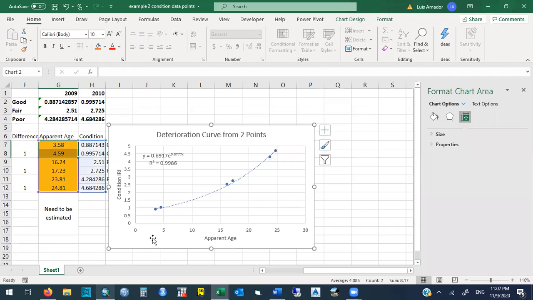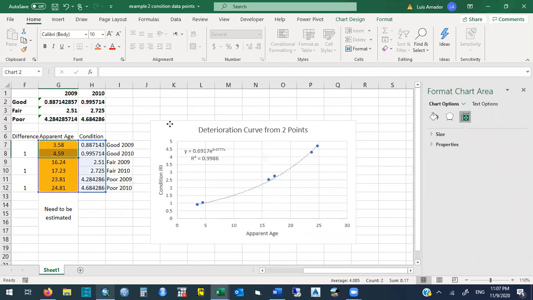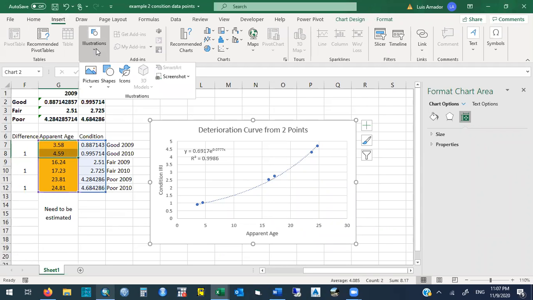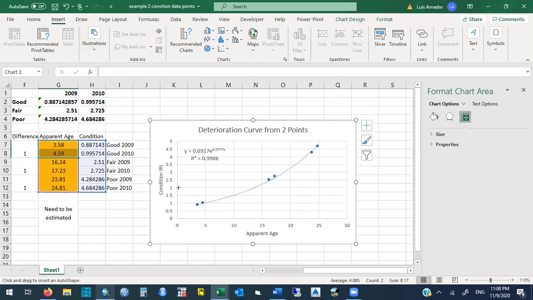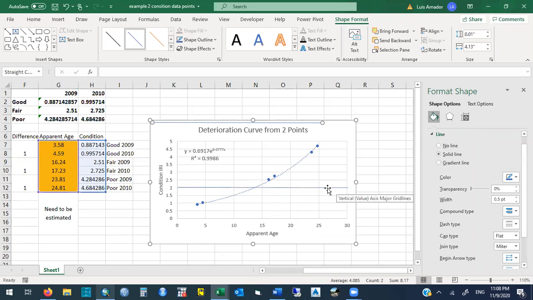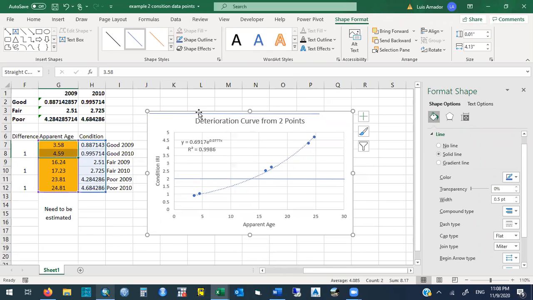Now let us think about this. You have a split at 2. You have a split at 4, oops.